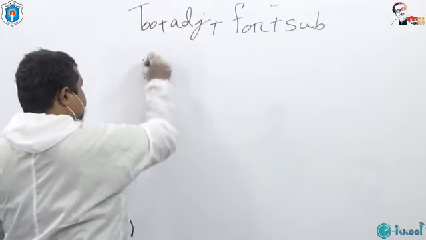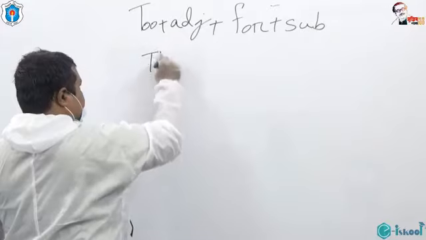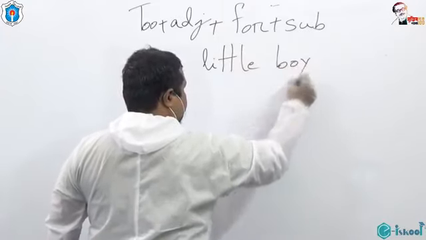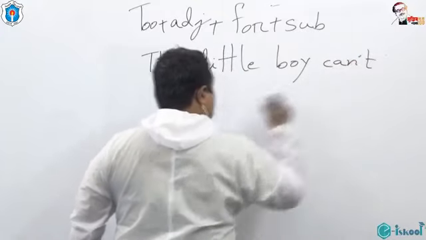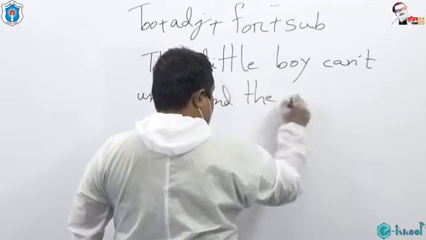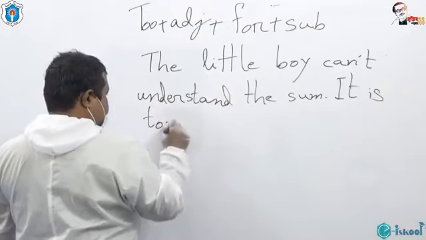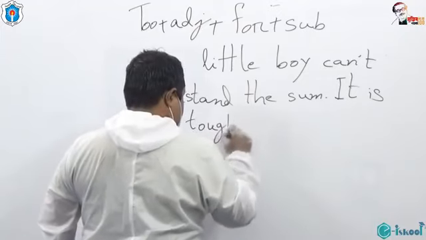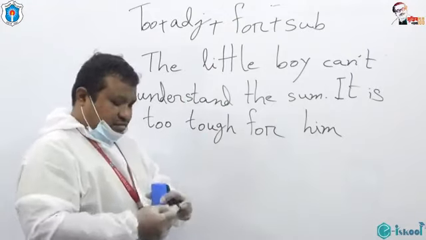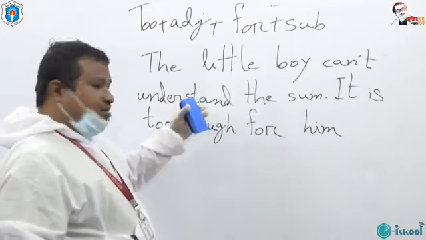The structure is: the little boy can't understand the sum, that is, the little boy is not able to understand the sum.